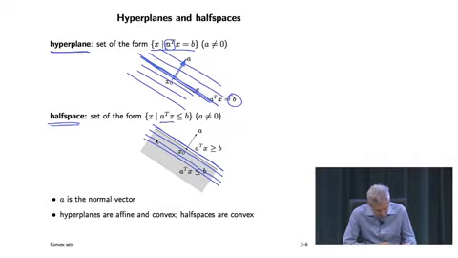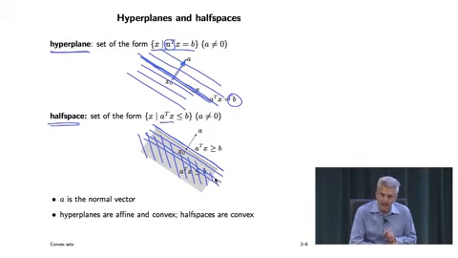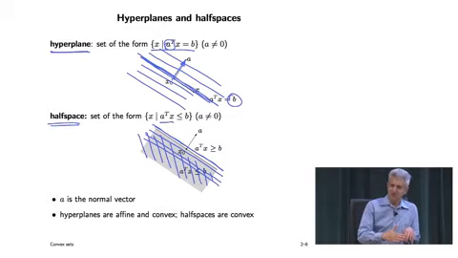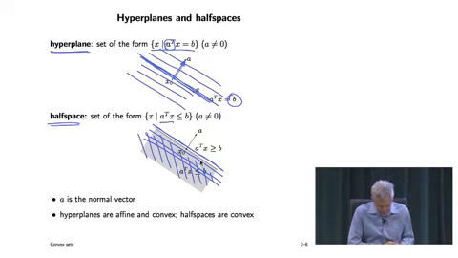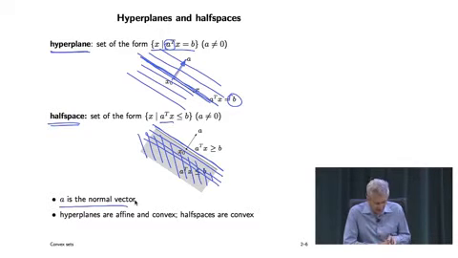So everything in this half space, these are all the points where a transpose x is less than the value b. And if you change b, you simply move the surface of this in a parallel way. You move it up and down. Okay? That's what this is. And now a is an outward normal to that set. Okay? So a is a normal vector. In this case, it's actually an outward normal.